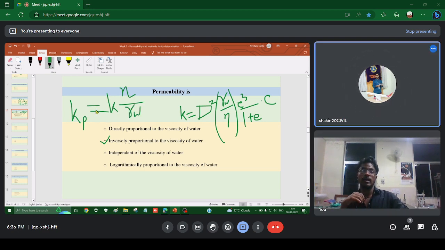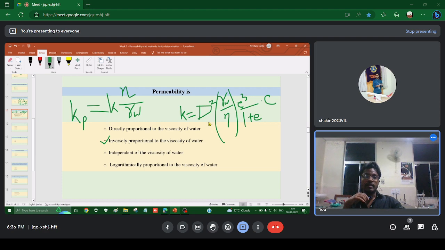Yes, sir. Okay, now understand this. This is the grain size d. This is the void ratio e. C is a constant. Gamma w and eta in this equation are the only two parameters which are concerning the properties of the permeant, that is the fluid, right?